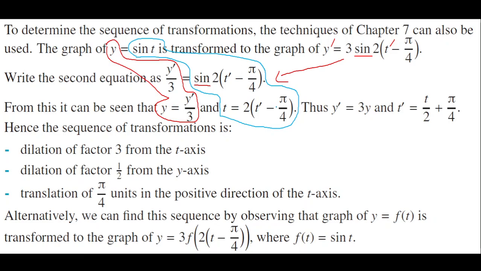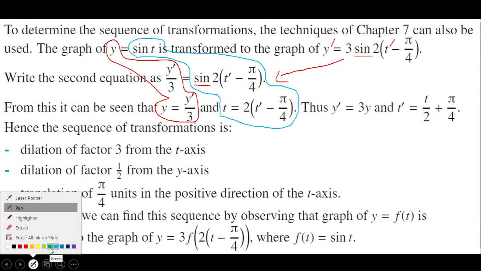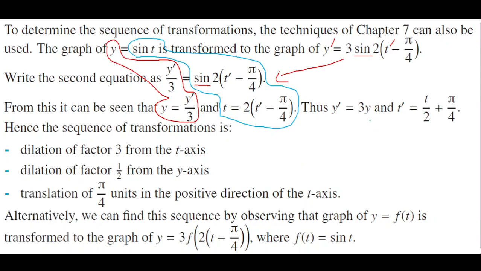You rearrange them again to make y prime and t prime the subject, and then from that you can just list the transformations. So the 3 here gives you a dilation of factor 3 from the t-axis. The 1 over 2 in front of t, or the x-axis, is a dilation of factor 1 over 2 from the y-axis.